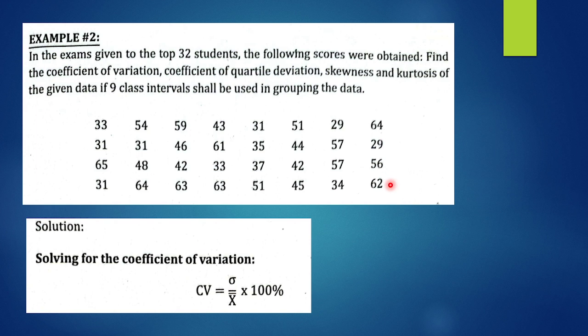Okay. So we have 32 students and the problem still says 9 class intervals.